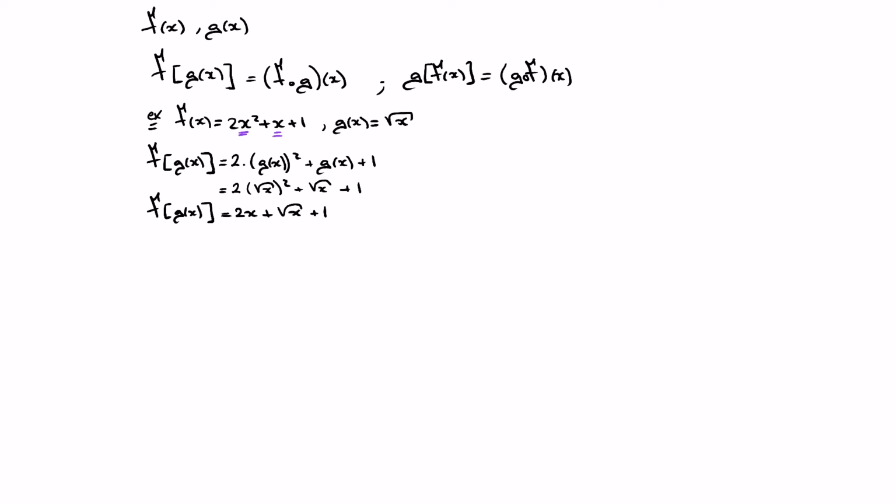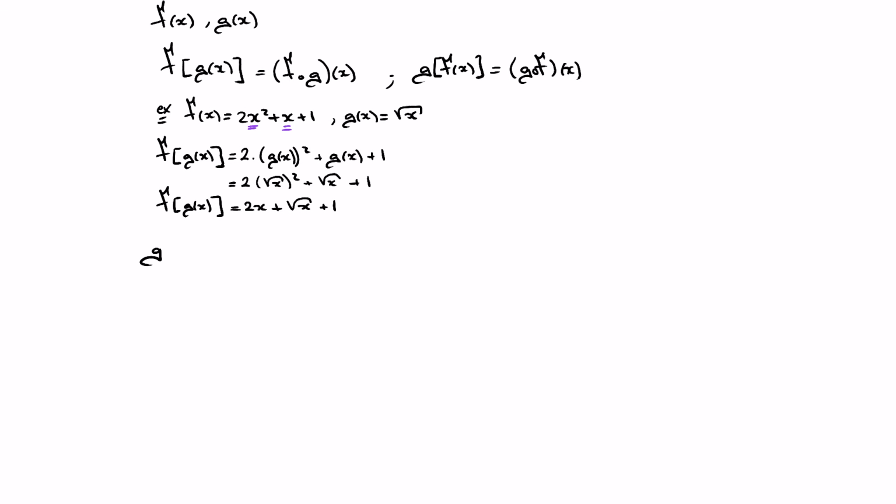Now, an interesting and important thing to point out here is that in most cases, f of g of x won't equal g of f of x. And indeed, let's see what g of f of x would be. G of f of x is found by replacing all the x's we see inside g of x, so that's just x under the square root, by the expression of f of x.